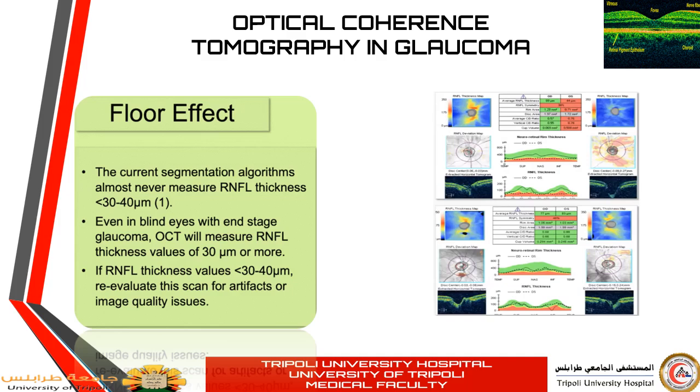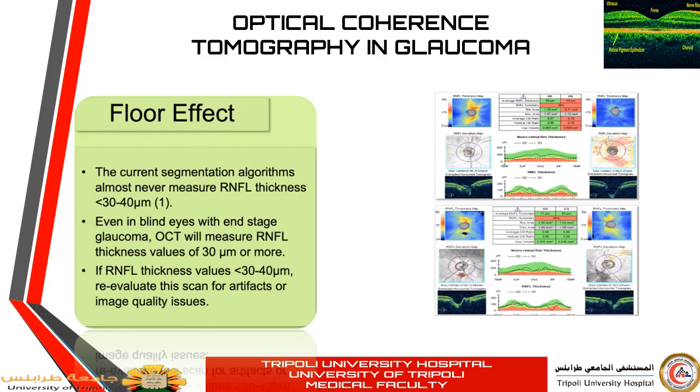If you look at this OCT map here, in the left eye, the dotted line is borderline, just above the red zone, and even if the disease is progressing, it will not drop more than this. So if by mistake you find that your patient has zero thickness, here in the map, or here in the TSNIT map, this indicates that there's something wrong, and it might be due to an artifact.